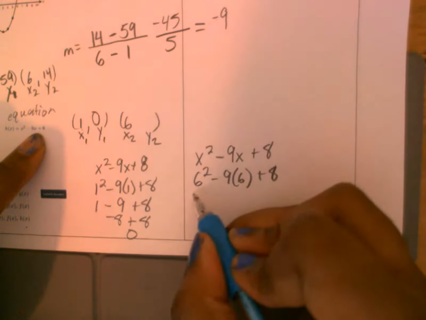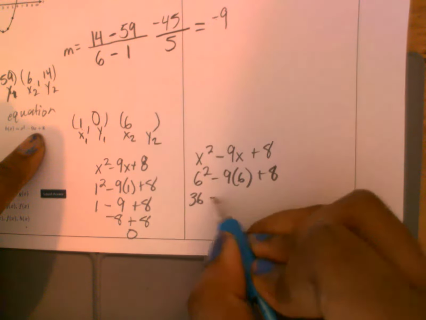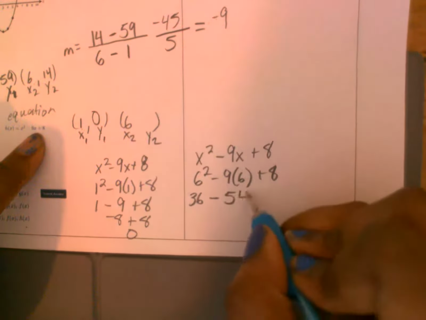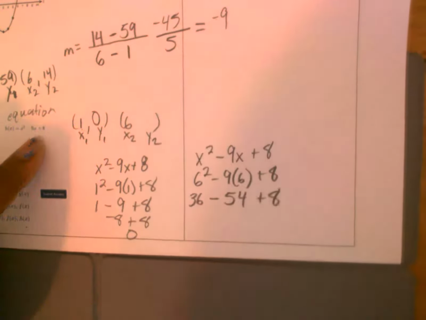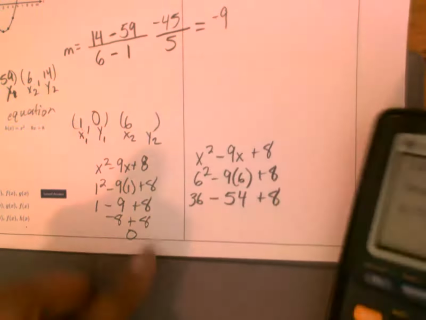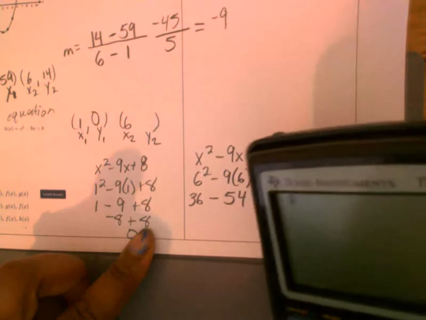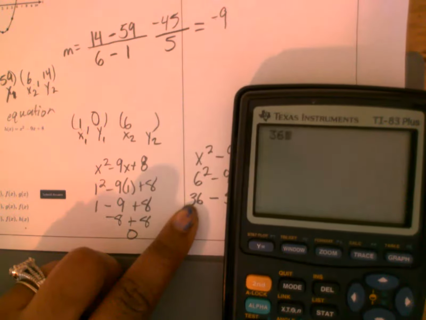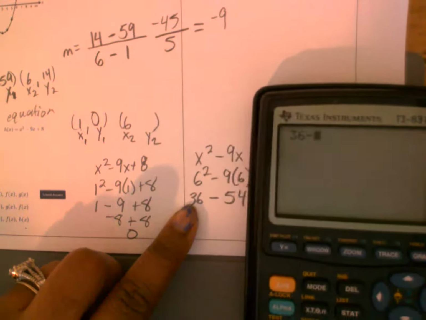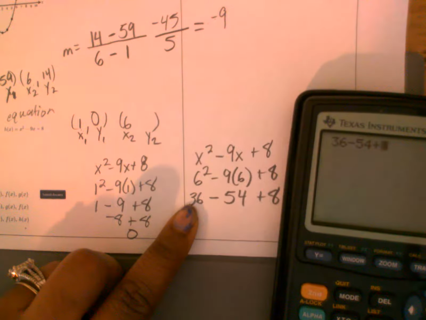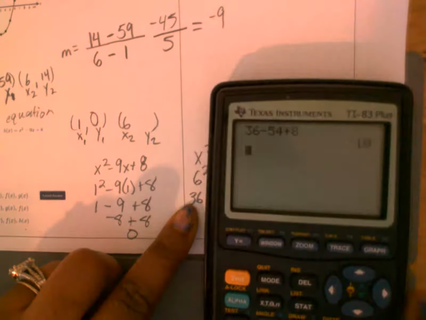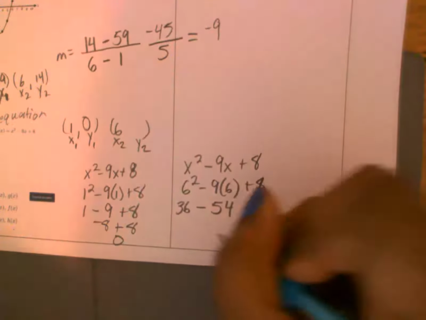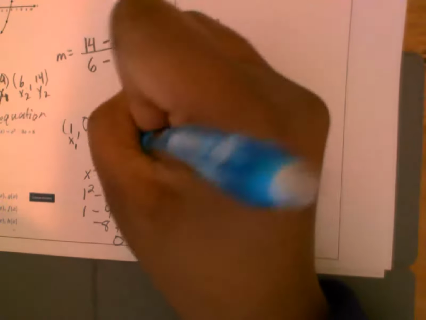So this 6 times 6 is 36 minus the 54 plus 8. Okay? And again, look, make this go by faster. Minus 54, then I put plus 8. Okay? And when I type that in, it gives me a negative 10. So I put negative 10 here.